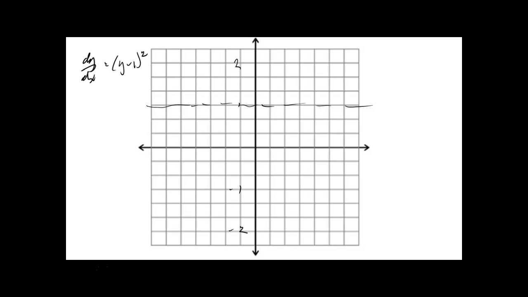We conclude that a solution y of x is an increasing function from negative infinity, for y less than 1. That would be anywhere over here. It's an increasing function. And it's also increasing on the other side too.